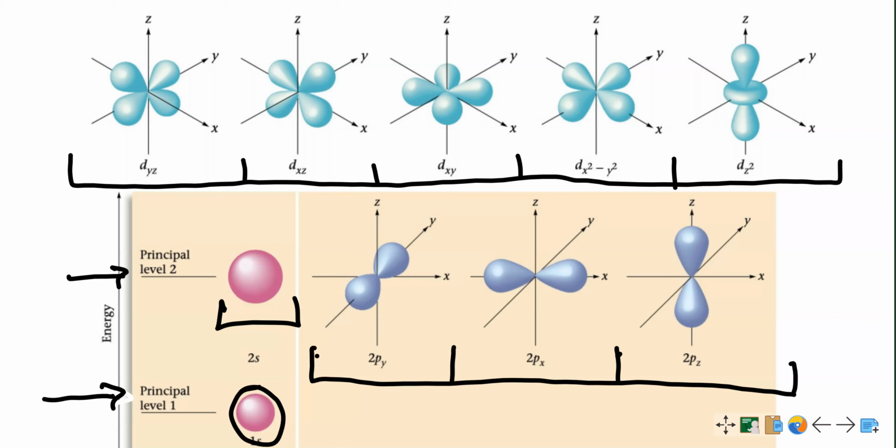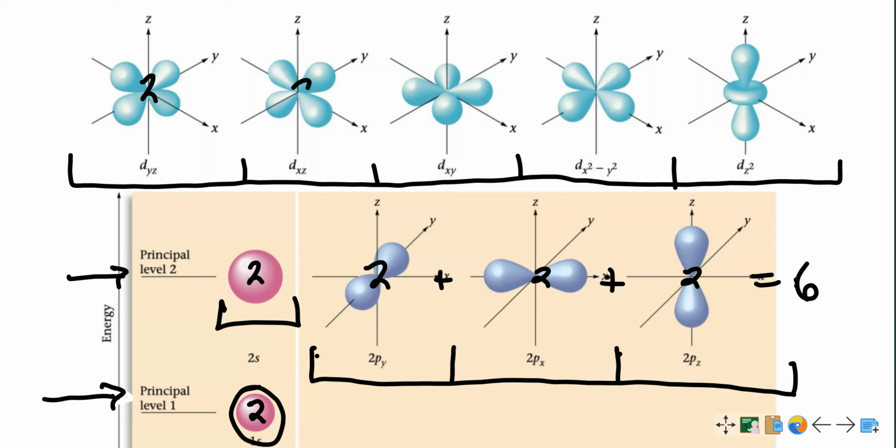Now, each one of these orbitals can hold 2 electrons. So each one of these rooms can hold 2. But here's the thing. If we look at p, each of these p orbitals holds 2, so altogether, the p sublevel can hold 6. The same idea is true for the d sublevel.